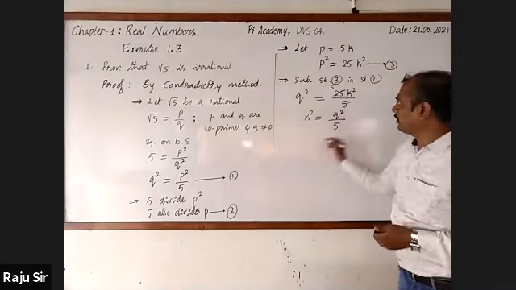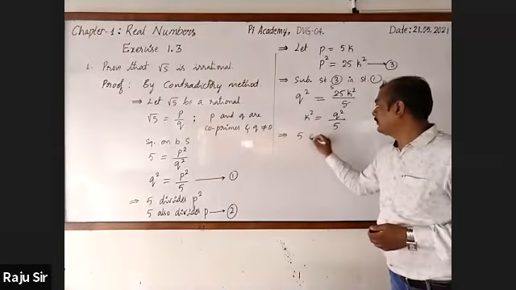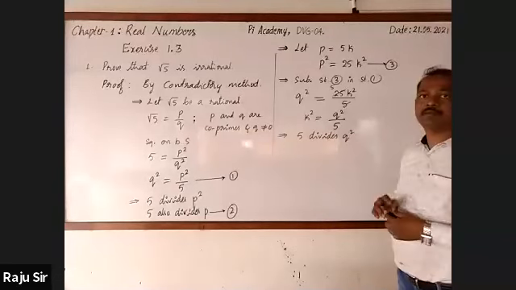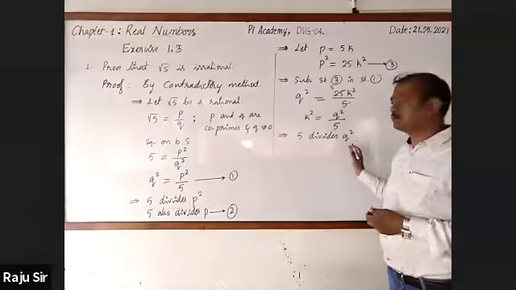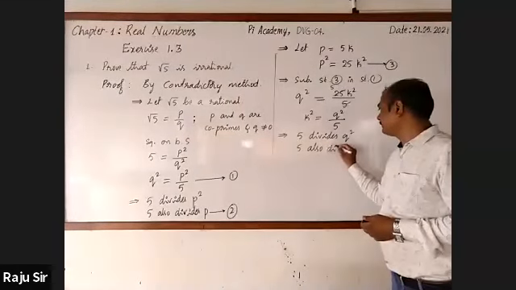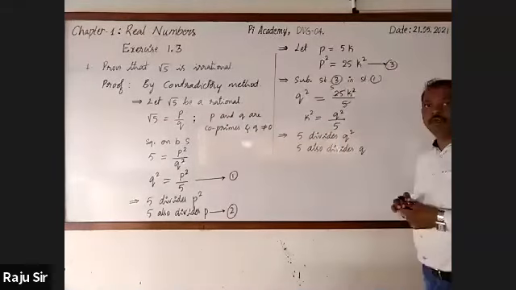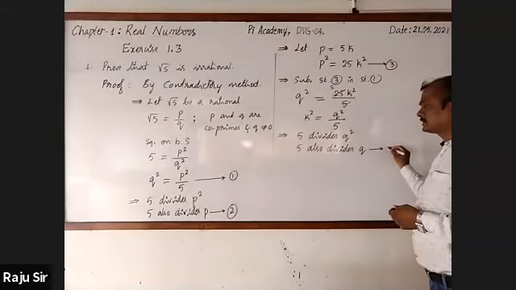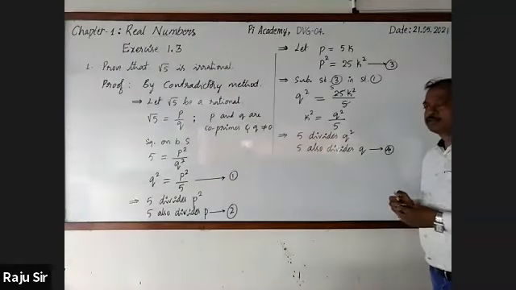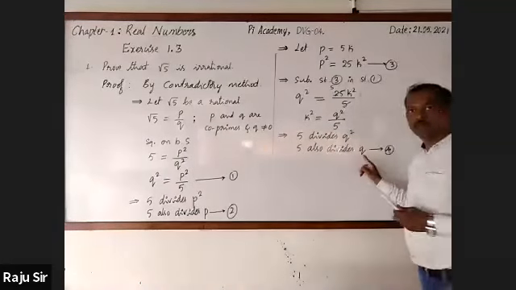Now the meaning of the RHS part is that 5 divides q square. If 5 divides q square, 5 also divides q. I call this statement 4. So now we can say that 5 is a factor of q.